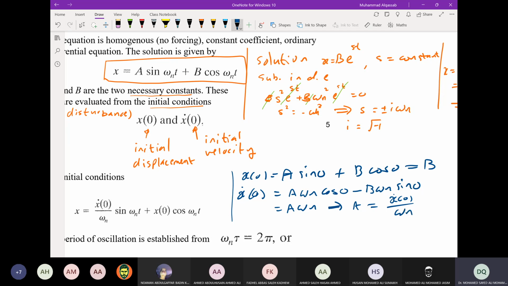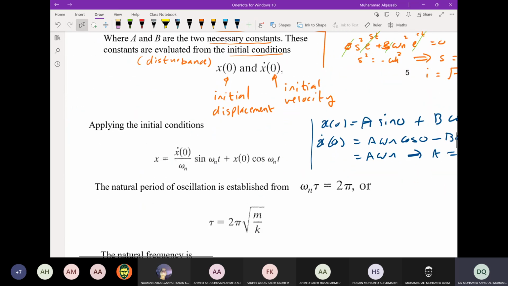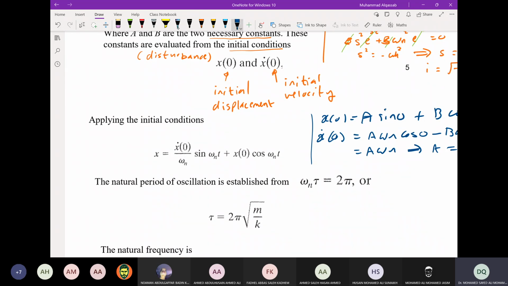So when you substitute for a and b, you get the final equation of the solution. That is x equal to x dot at 0 divided by omega n, sine omega n t, plus x at 0 cosine omega n t. This is the solution of the differential equation. So we don't do the solution again.